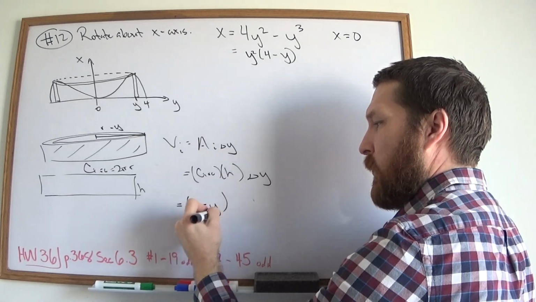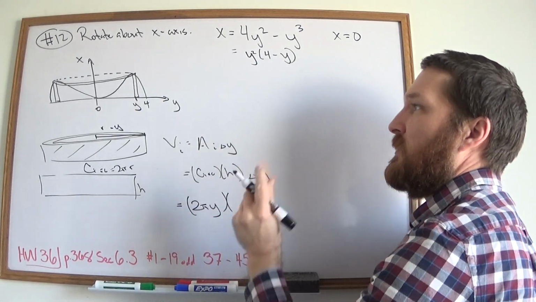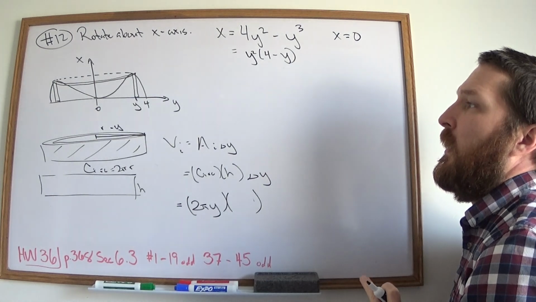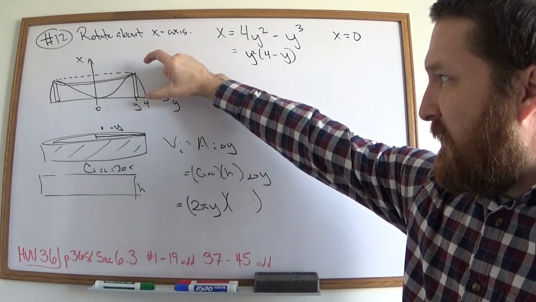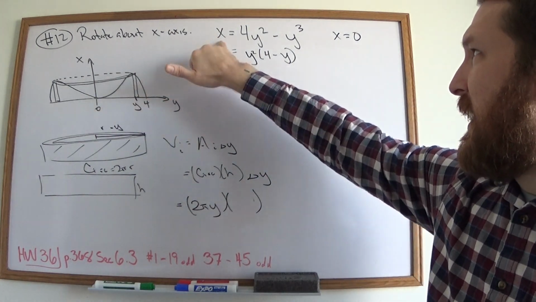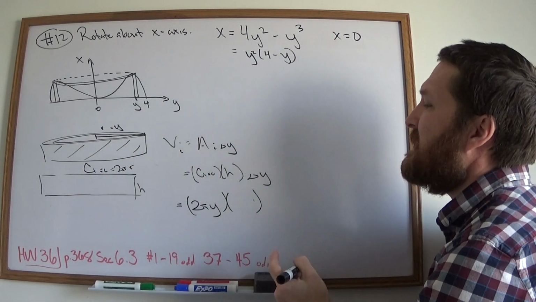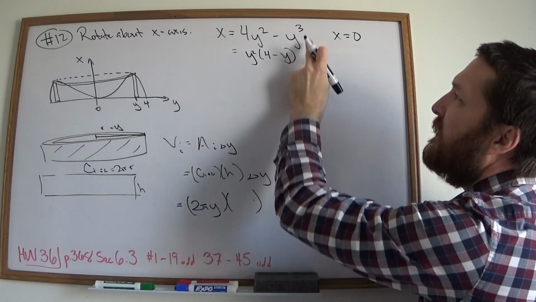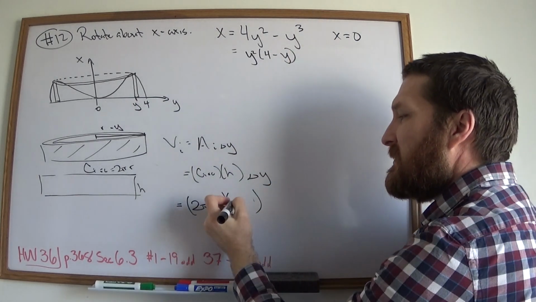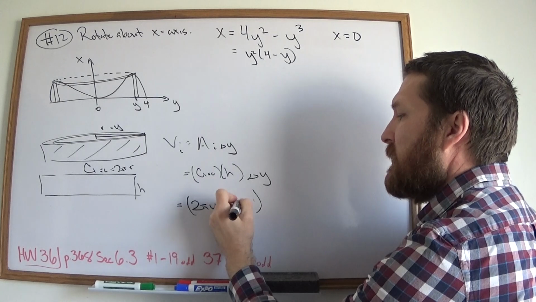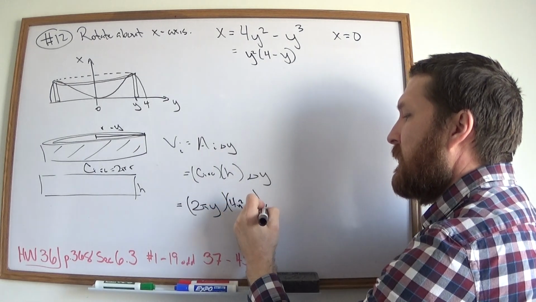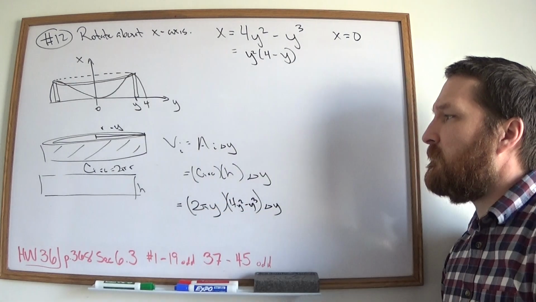So 2 pi y, and h is what? That's f of x in terms of y, which is this guy. Since I'm about to do an integral, this is a simpler way of writing it: 4y squared minus y cubed, delta y. Do we have everything? I think so.